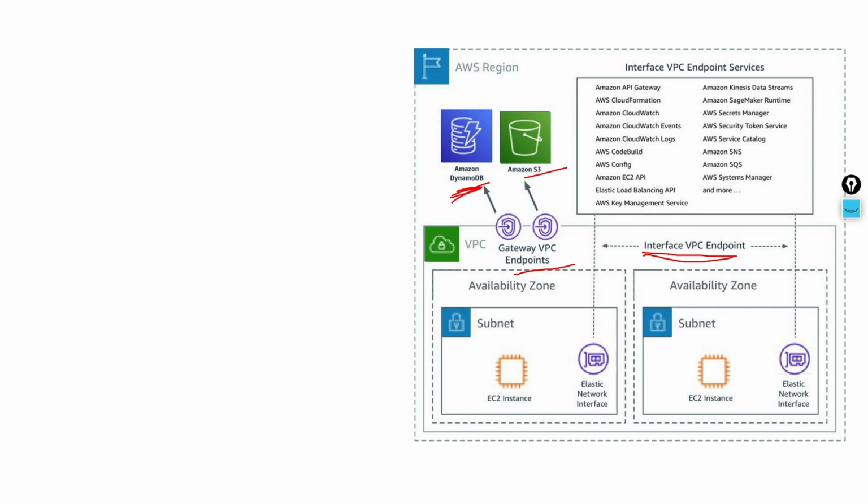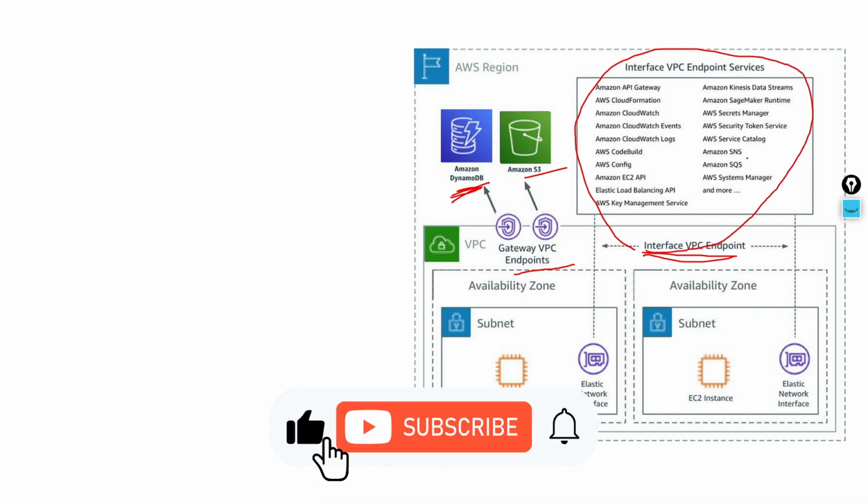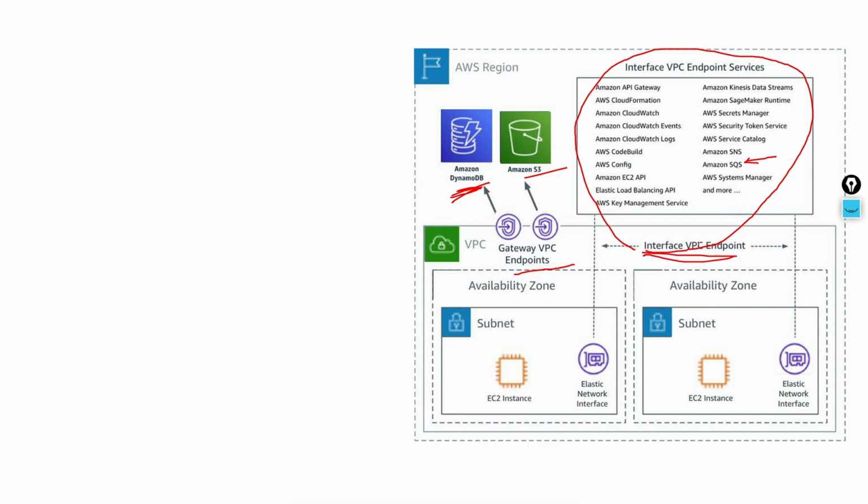Only these are the free services. The gateway endpoint is free, but when you use the interface VPC endpoint, it connects to this many services. Here is our service. In this question they ask for SQS, and here is your instance.